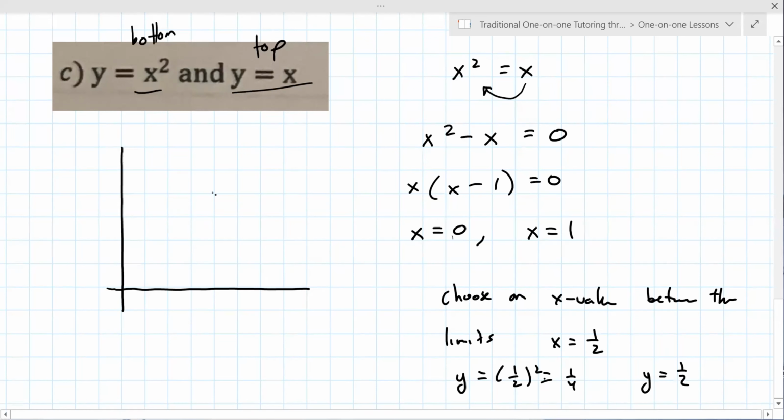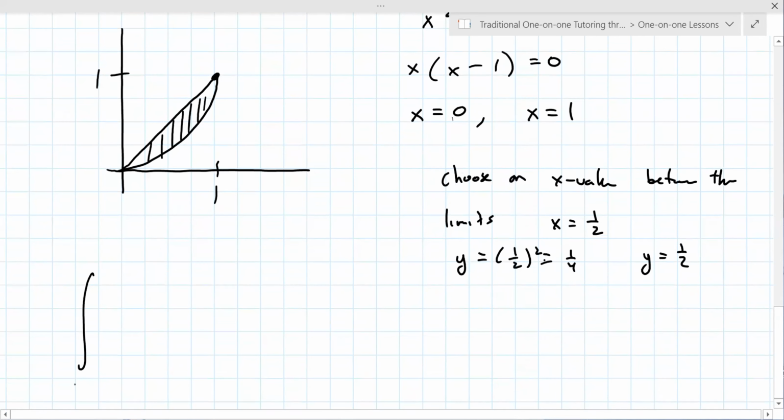Just for scale here, I'm going to call this 1 and this 1. So y equals x looks like that. Then x squared actually dips kind of underneath that. So you get this sort of region here like that. So you're integrating from 0 to 1, x minus x squared, top minus bottom dx.